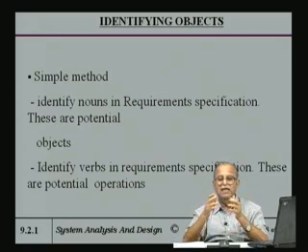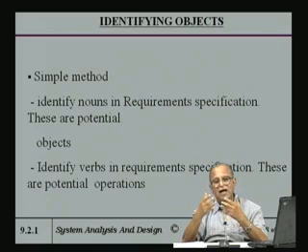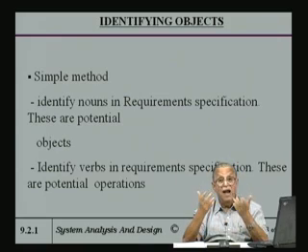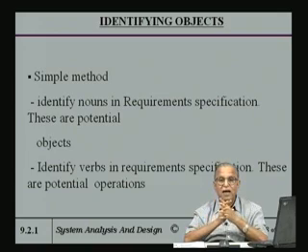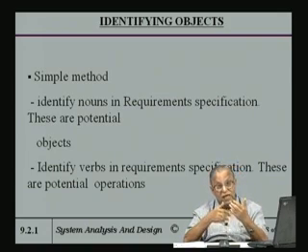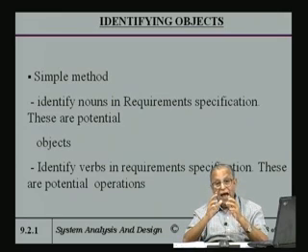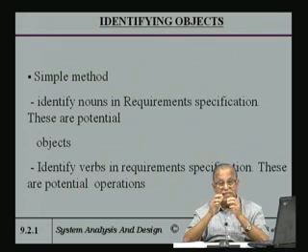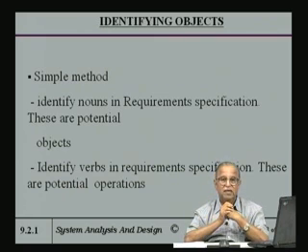What I mean is you cannot expect a computer program to identify objects, because it is all semantic and has contextual meaning. So it is the responsibility of a system analyst to identify objects, and object identification is a very, very challenging part of object-oriented modeling.